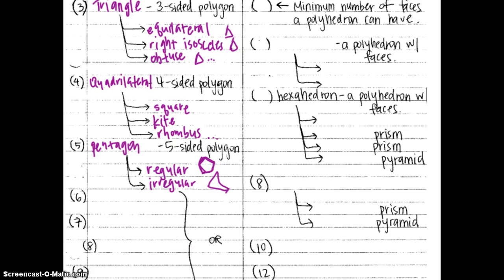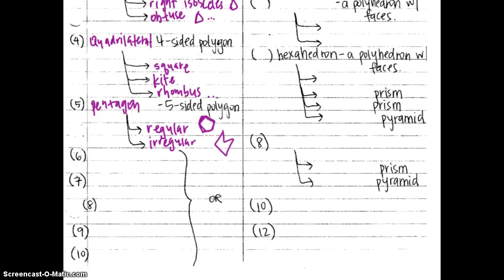Let's try that again. So 1, 2, 3, 4, 5. There we go. That happens to be a concave irregular pentagon. You know the names of these. They are all either regular or irregular.